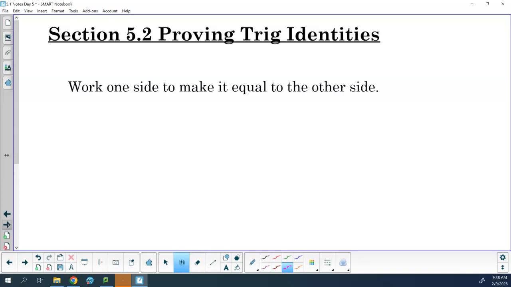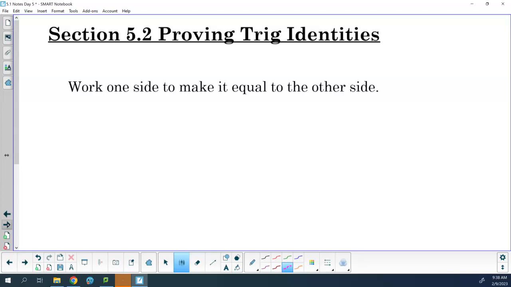Now, with that being said, which side should we look at when we're looking to do stuff with? The easiest side, the prettiest side, or the ugliest side? So you're going to look at the ugliest side.